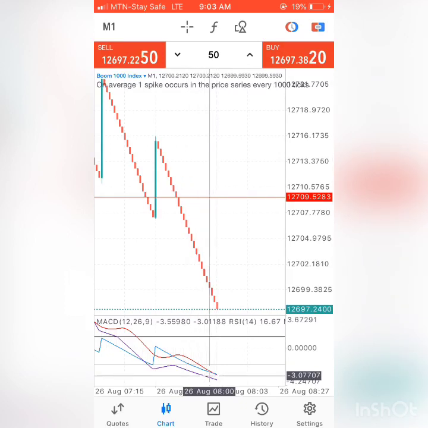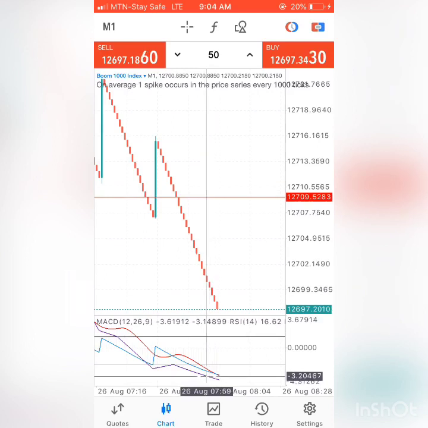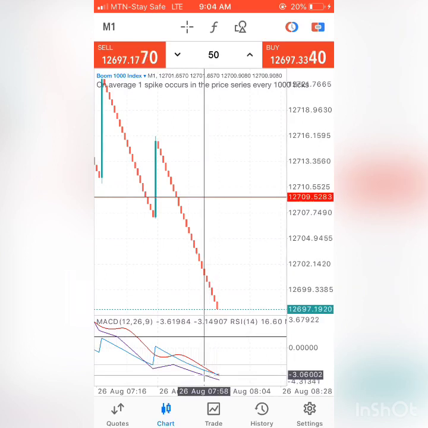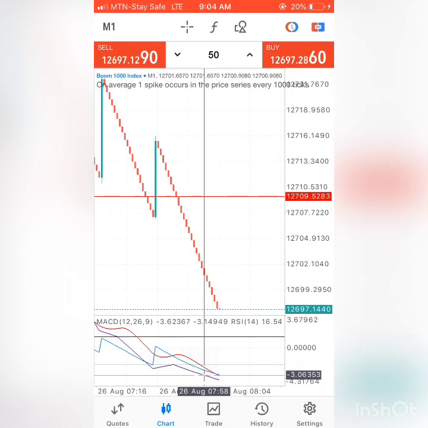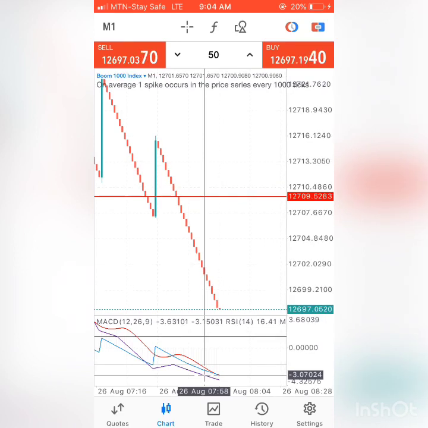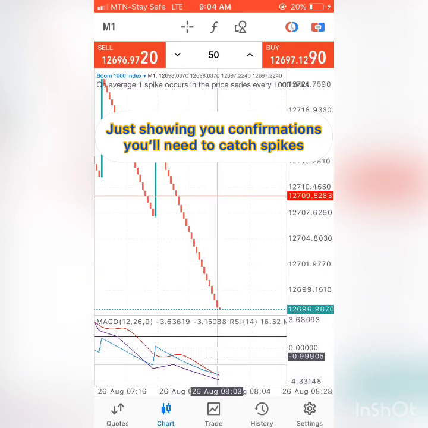And now the second confirmation I'm waiting for is the purple line. I'm also waiting for the purple line to cross the red line, then I'll get into the trade.